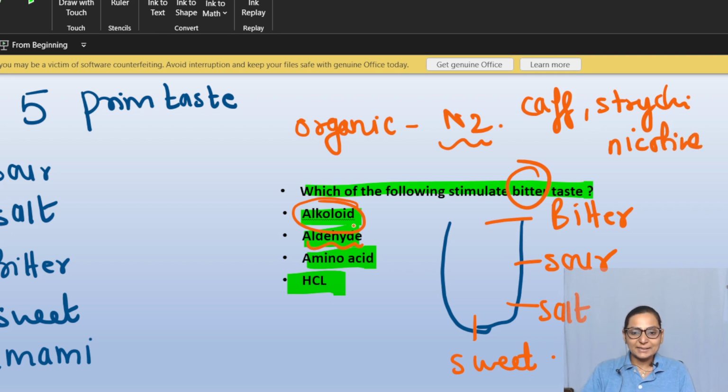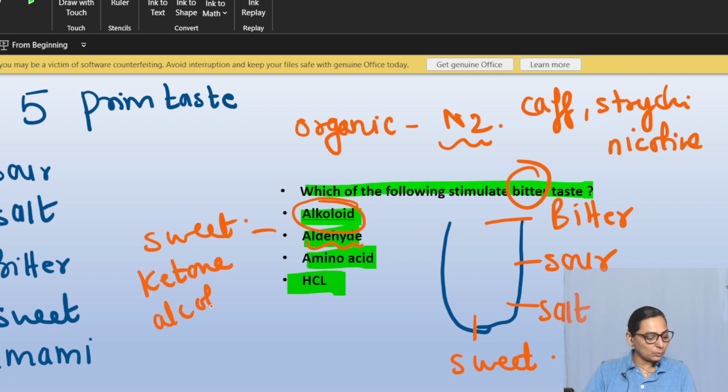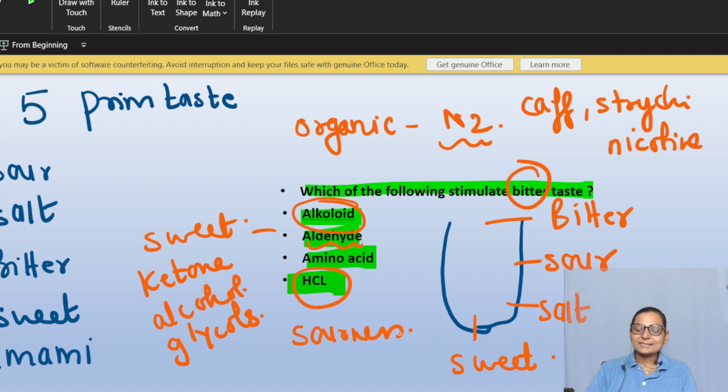Whereas aldehydes are mainly going to bring about your sweet sensation. So aldehydes, ketone, alcohol, sugar, glycols, they are for your sweet. HCl is definitely sourness. The sourness depends upon the amount of hydrogen ions. The more of them, the more will be the sourness.